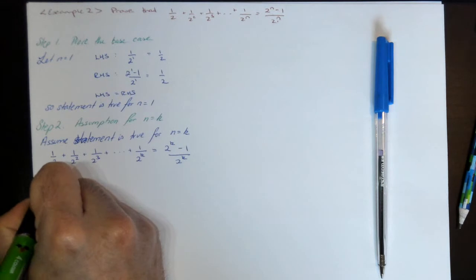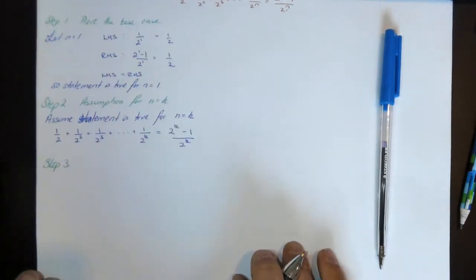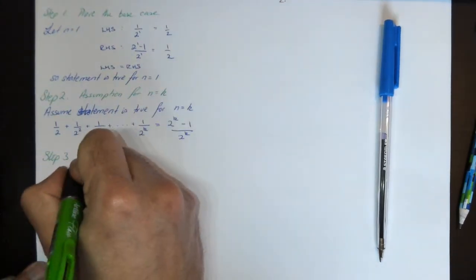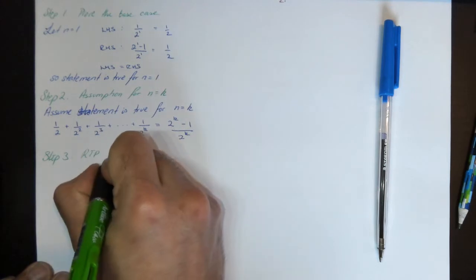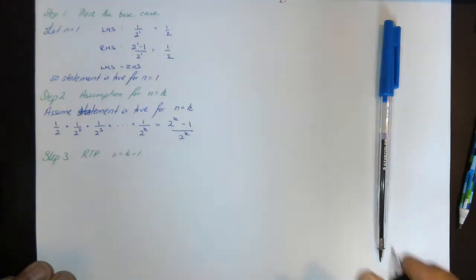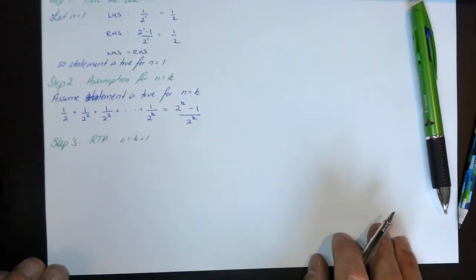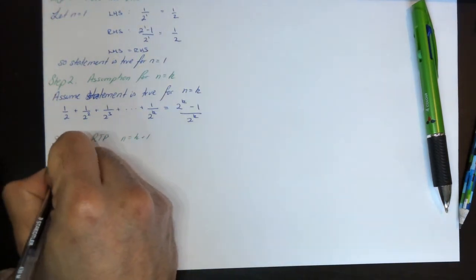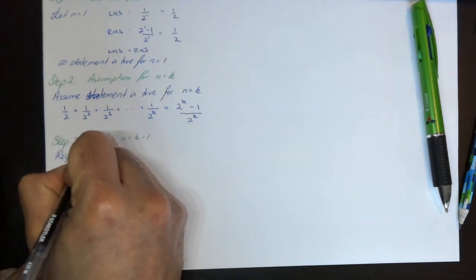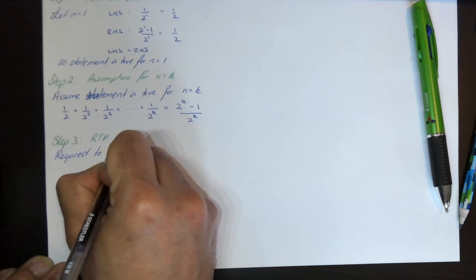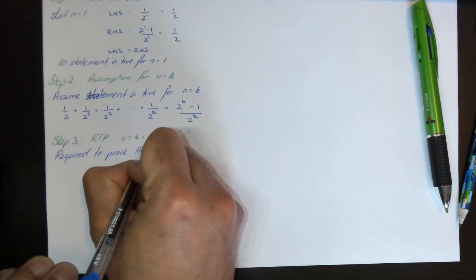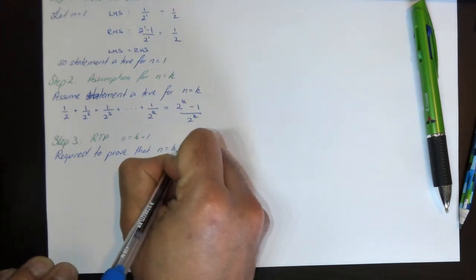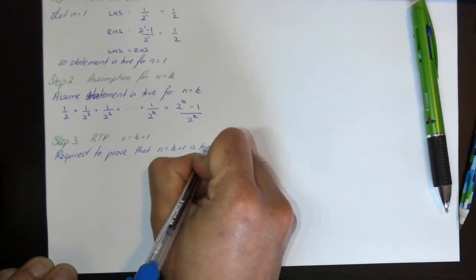So step 3 is where we are required to prove that n equals k plus 1 is true, or holds true.